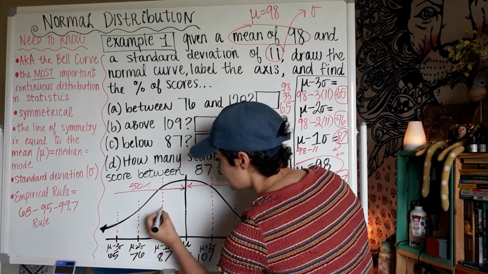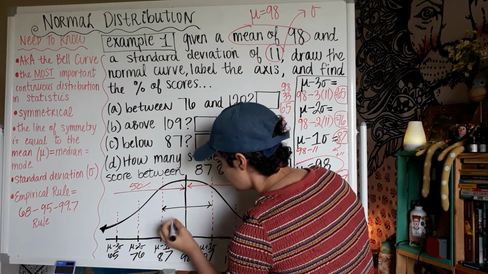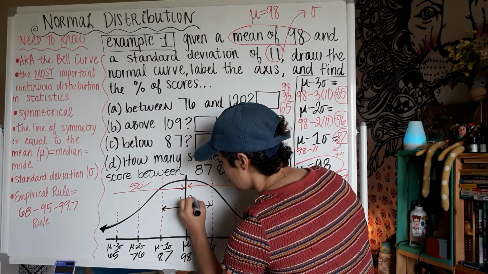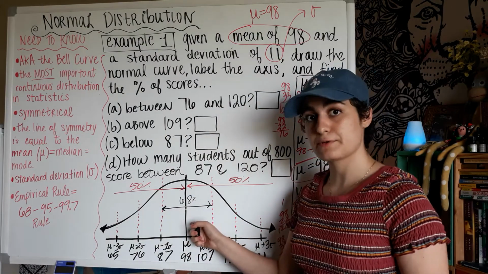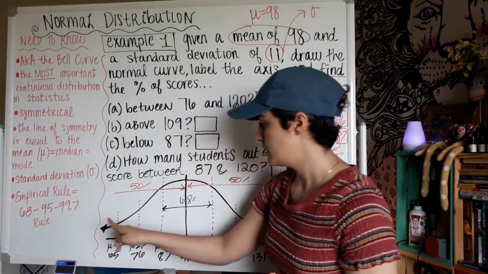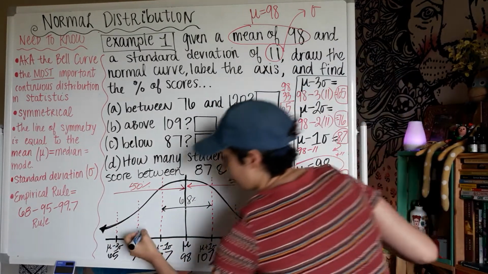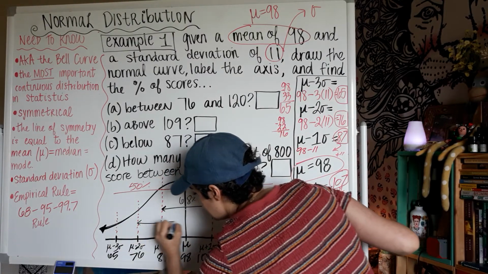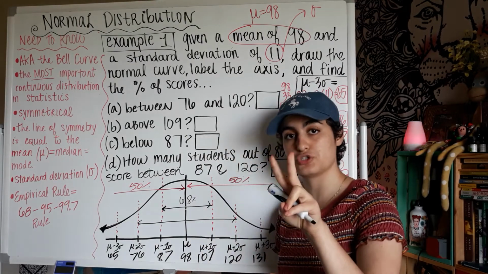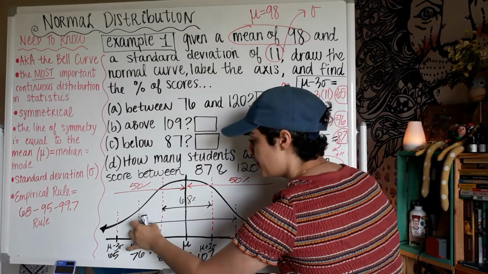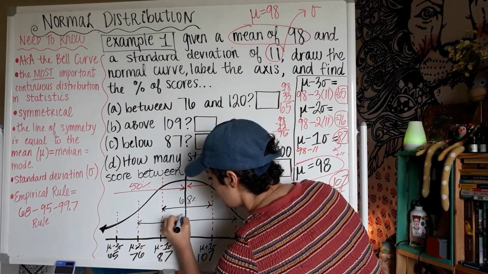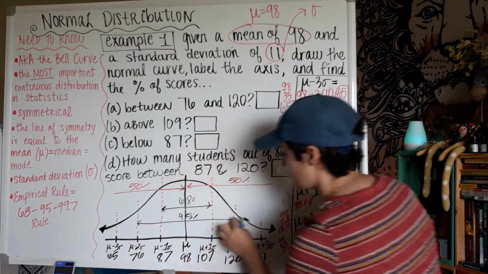So this is 68%. Now, the 95 portion: the empirical rule says that between two standard deviations, from -2 to +2, this is where 95% of our data will fall. Okay, so that is 95% from there to there.